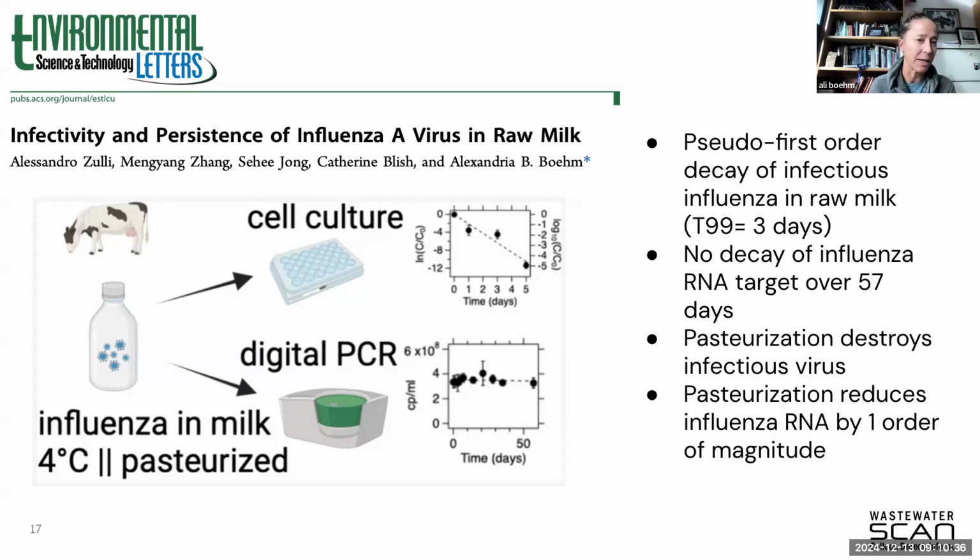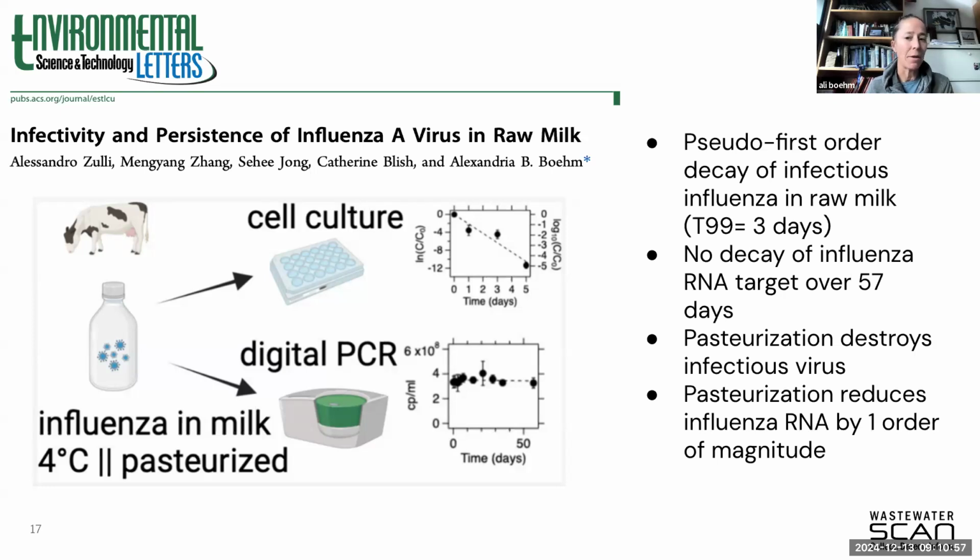One of Marlene's colleagues at Emory has done some work showing that H5N1 and H1N1 decay similarly in milk on surfaces. They also decay similarly in water, based on a systematic review that my group has done. So it's a reasonable surrogate.